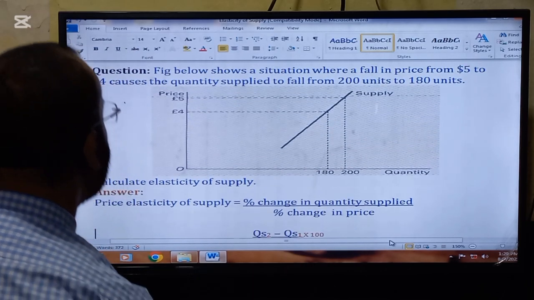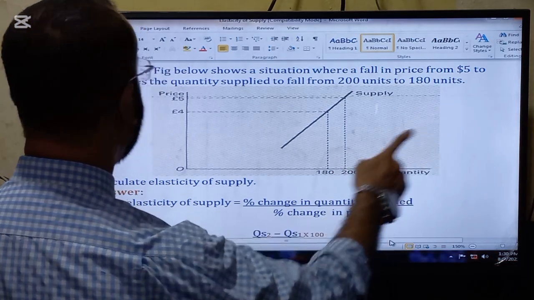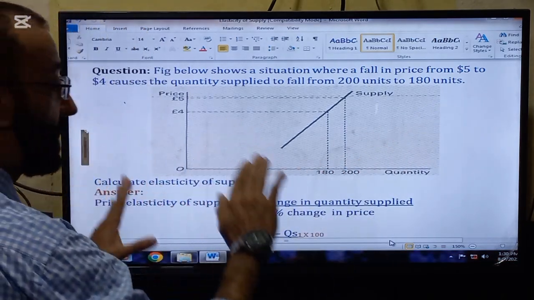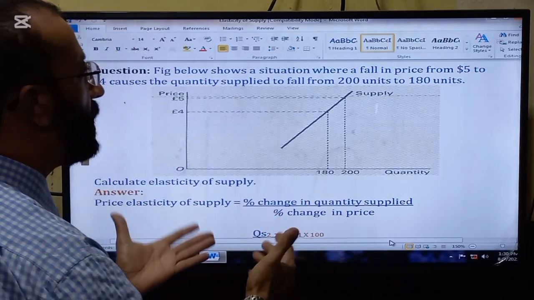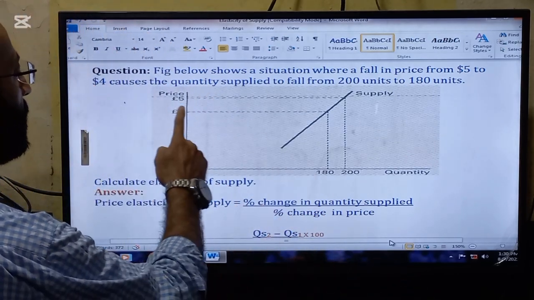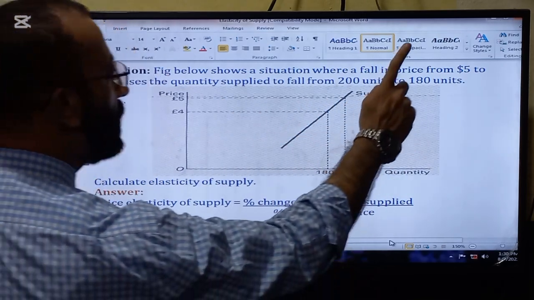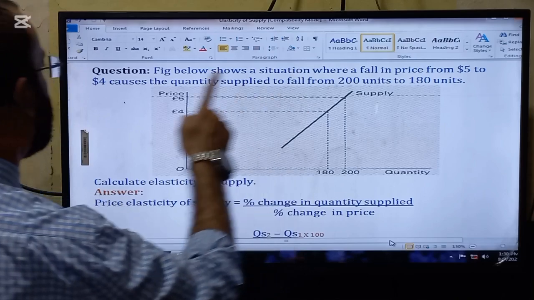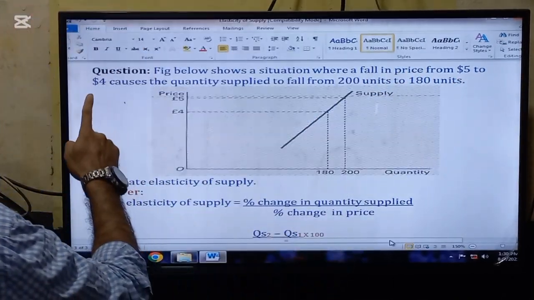Here is another question. The figure below shows a situation where a fall in the price from 5 to 4 causes the quantity supplied to fall from 200 to 180 units. This is the reverse case: the price is reducing, so definitely the supply will be reduced. This is the initial price P1 and this is the final price P2.